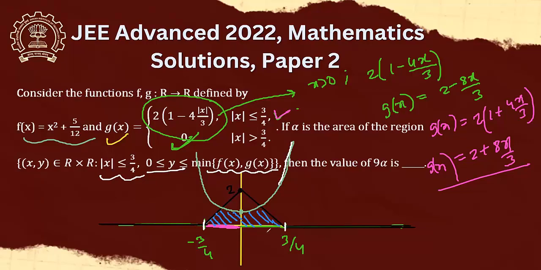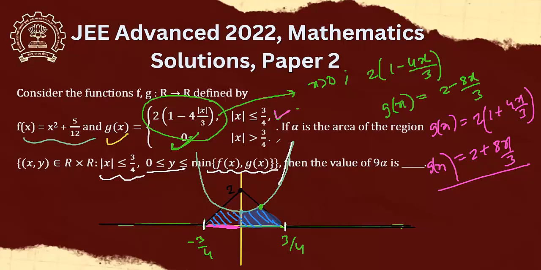Now you see that this is a symmetrical area. I'll just find out for any one side and then just twice it. So I will just find out this area here and twice it to get the total alpha. Again for that I'll need to find out where this point of intersection is.